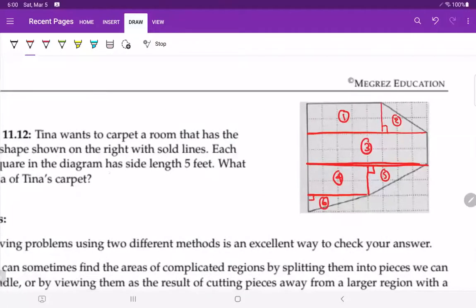So let's find area number 1. Because this is a rectangle, the area of 1 equals the width times the height. How many pieces do we have? 1, 2, 3, 4, 5 times 2, times 5, because every square is 5 feet in length. So we got 10, 50. This is 50 feet squared. So the first one is 50, right?